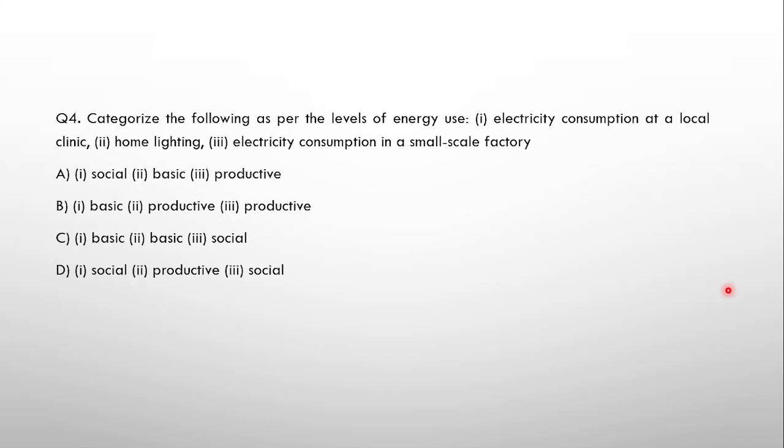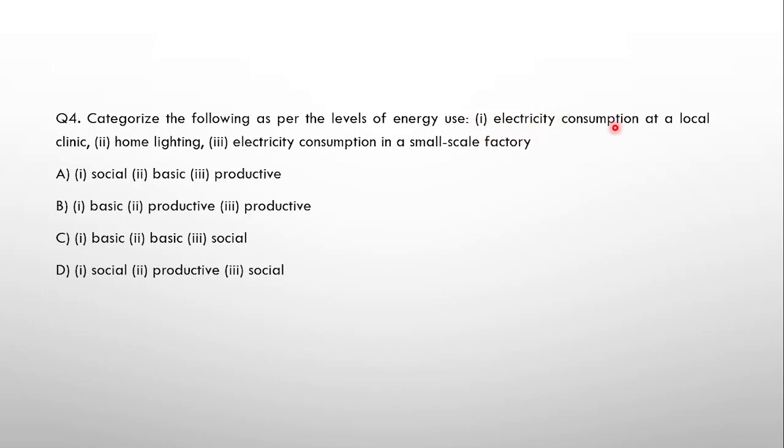Okay, number 4, categorize the following as per levels of energy use. So you have A, electricity consumption at a local clinic, B, home lighting, and third, electricity consumption in a small scale factory. Okay, so you don't even have to look at the options, you can just see it right here.